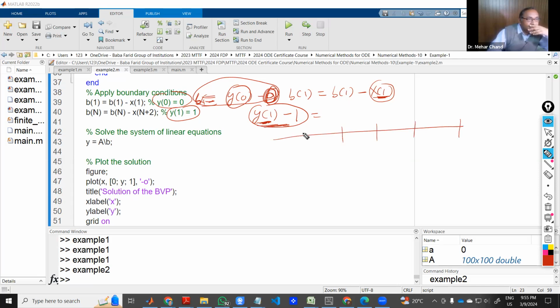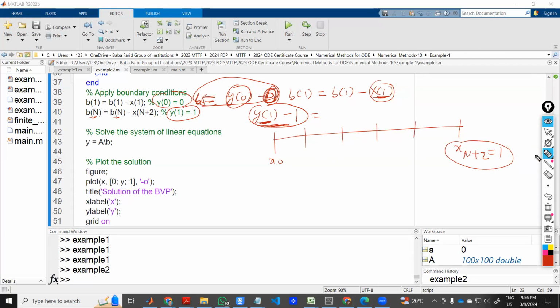See, these are the points, and here is x naught, and here is xn plus 1. This is xn plus 2. Okay, and xn plus 2 is equal to 1, and bn will be bn. So bn is 0 initially.